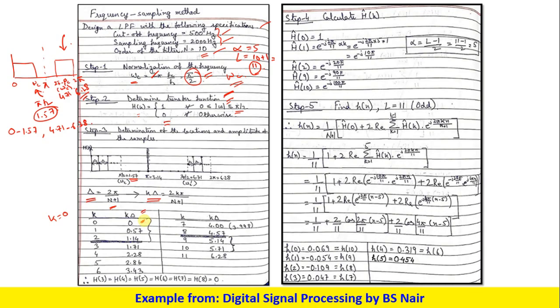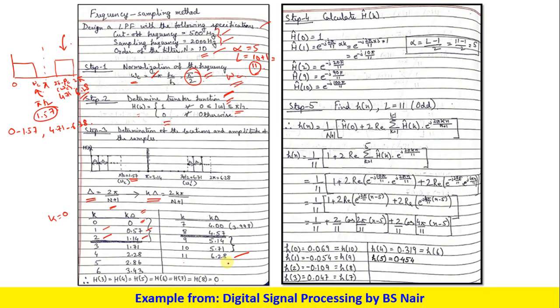When k is 1, it is 0.57. When k is 2, it is 1.14, and so on, until we get to the point 11 where we have 6.28, which is nothing but our 2 pi.